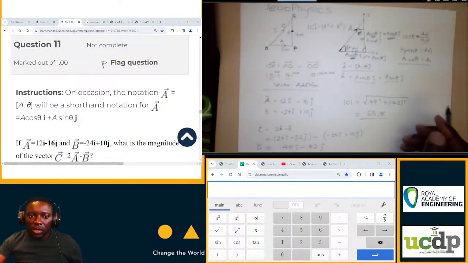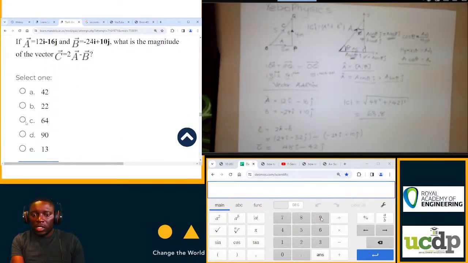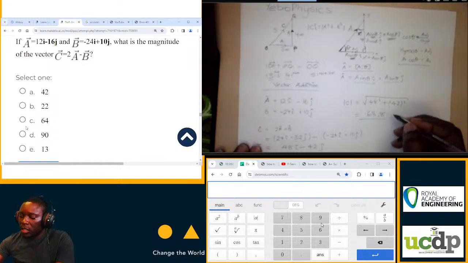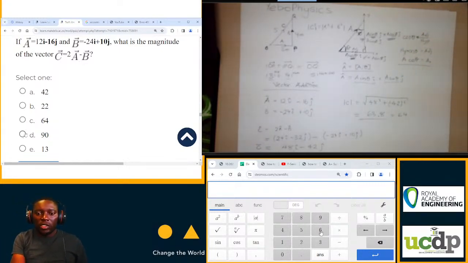63.8 for magnitude. So that magnitude, 63.8, is approximately equal to 64. So we'll take 64 for our magnitude. There are no units there, so we'll just stick to that.